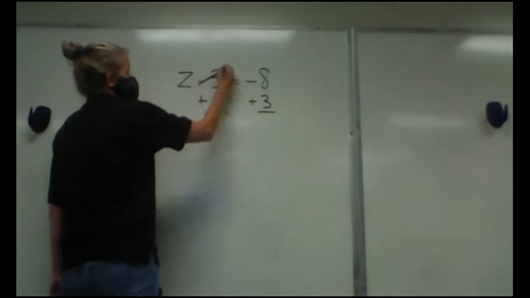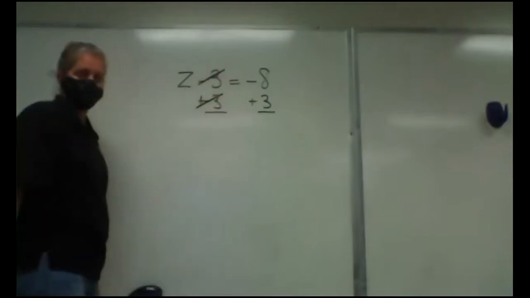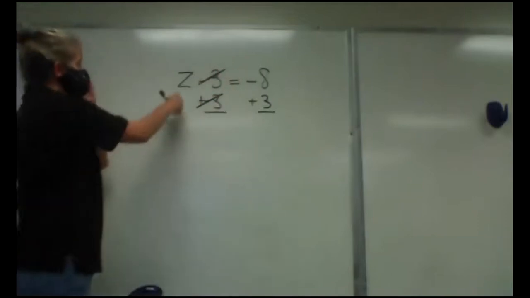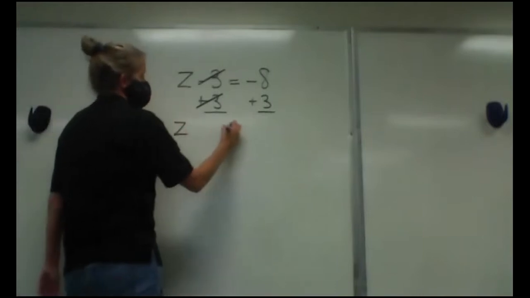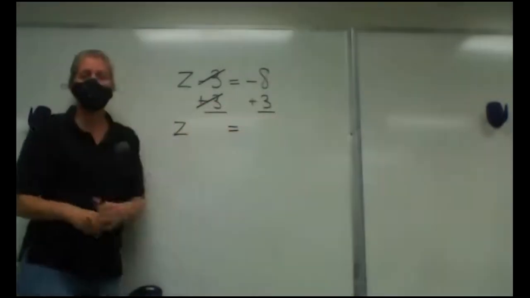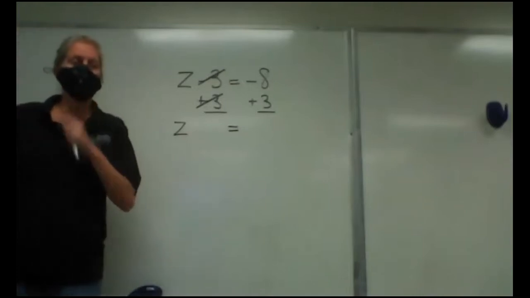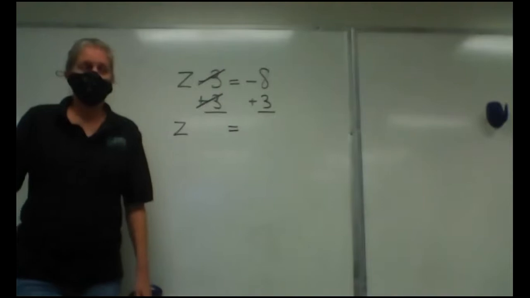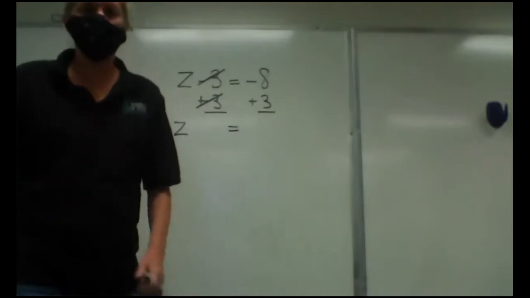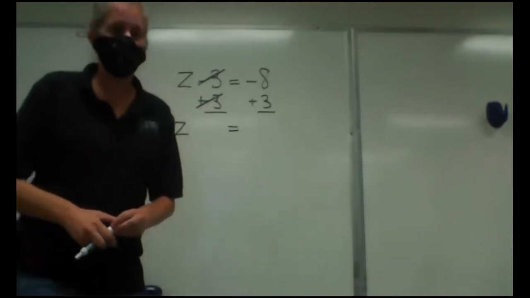So the minus 3 cancels out the plus 3. I drop down this Z. Equals, here's where people run into trouble. When they see that minus 8 plus 3. Okay, the way I like to think about it is my bank account.